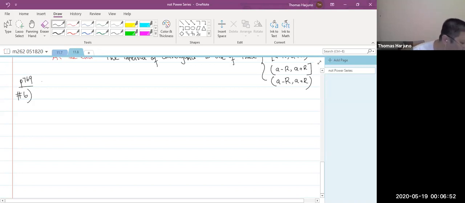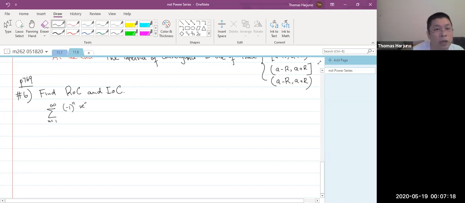Find the radius of convergence and interval of convergence of this series: the sum of (-1) to the n, x to the n over n squared.